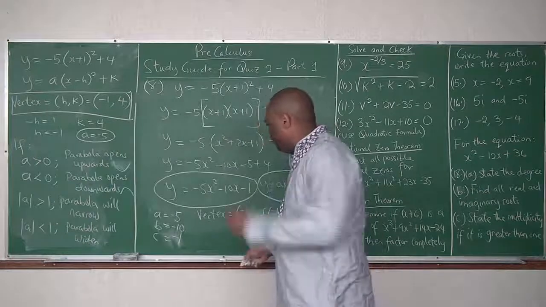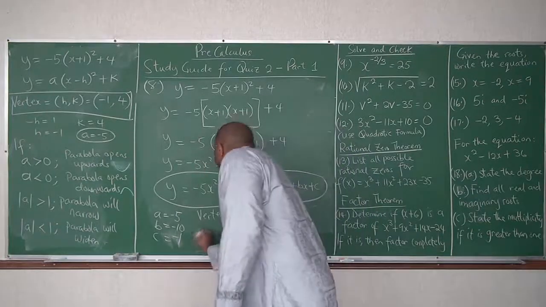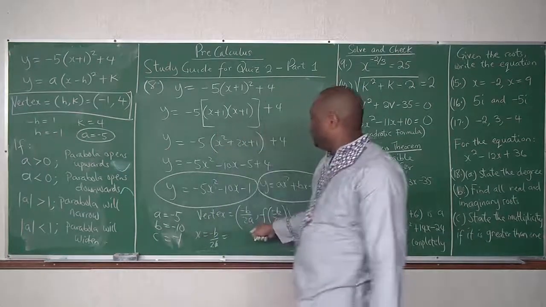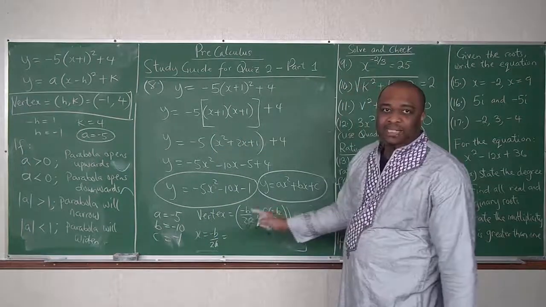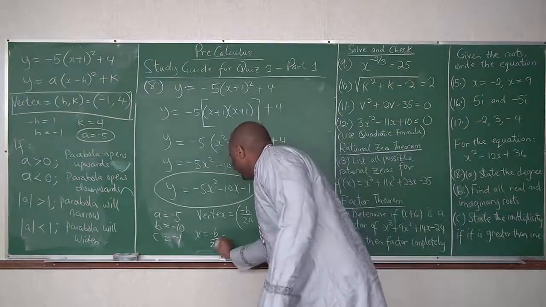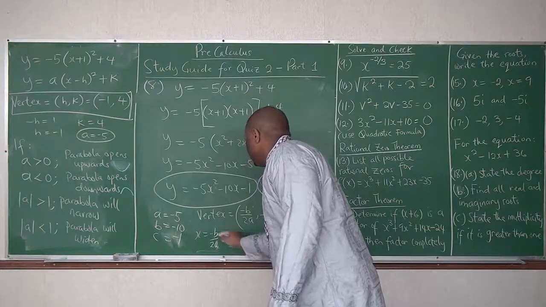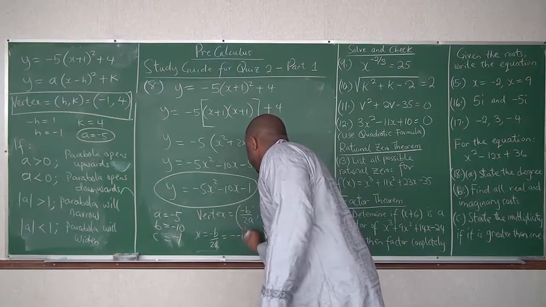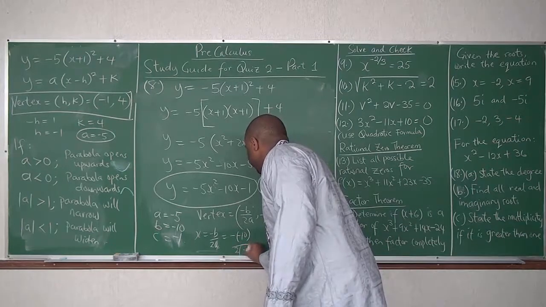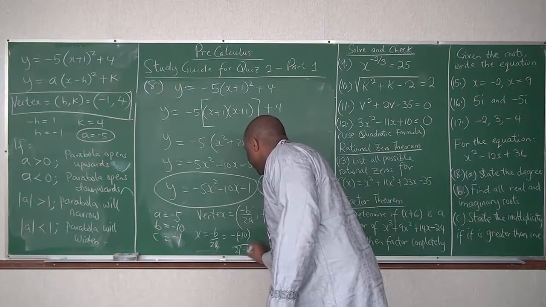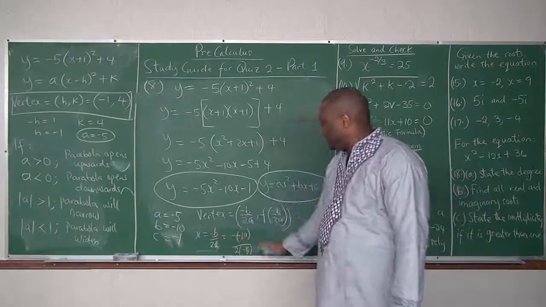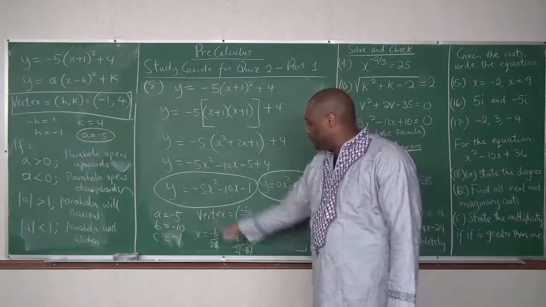So the x coordinate of the vertex is -b over 2a, which is what? -(-10) over 2 times -5.